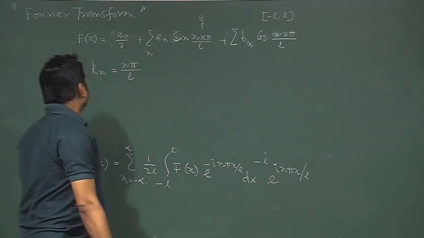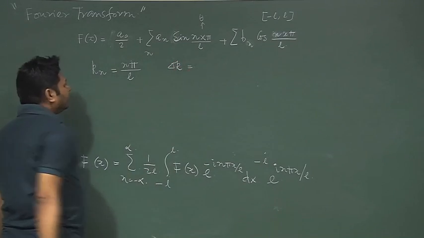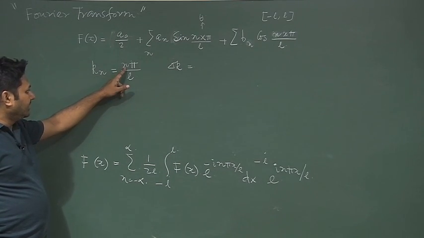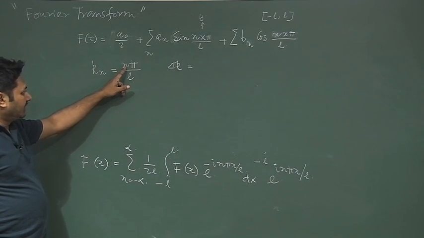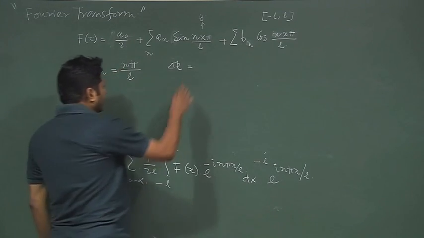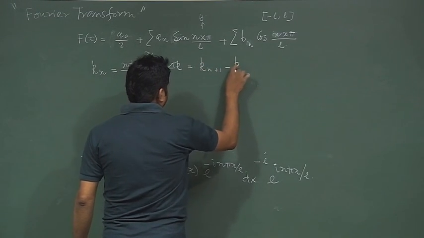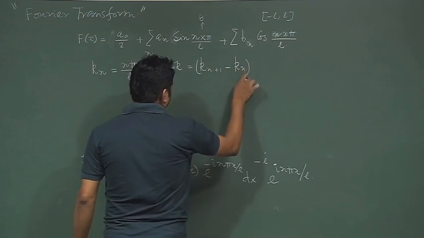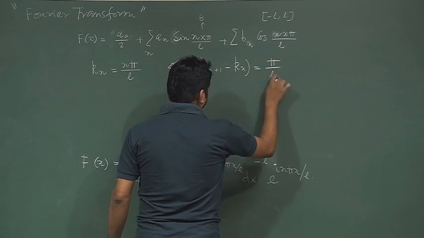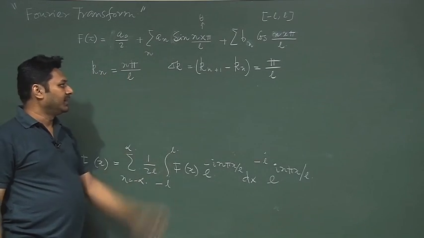So what should be my delta k? k is a discrete quantity, because n is an integer: 1, 2, 3, 4, minus 1, minus 2, minus 3, minus 4 and so on. So if I want to find out delta k, it should be k n plus 1 minus k n, and it is nothing but pi by L.